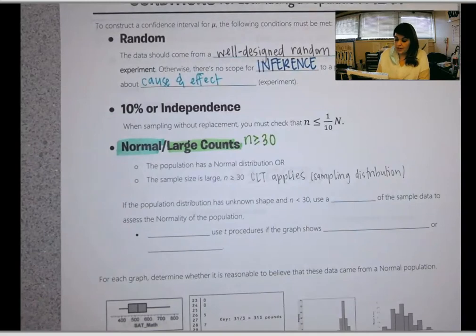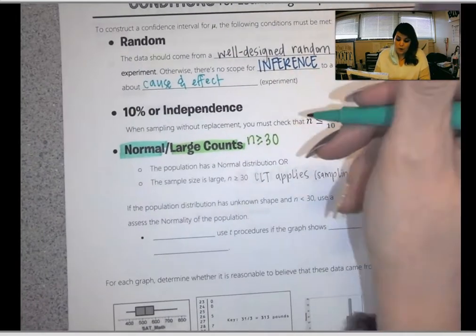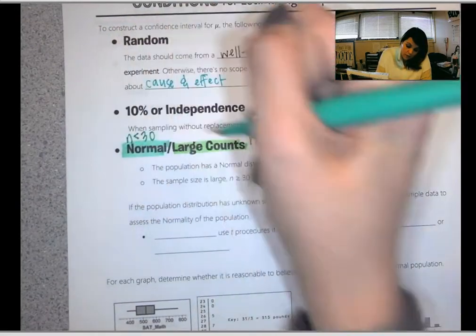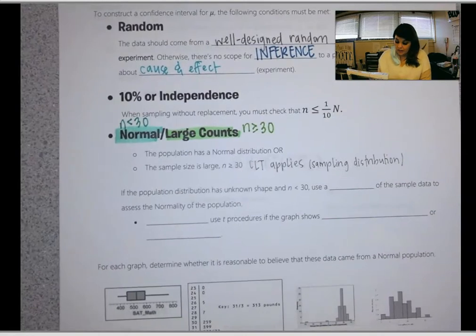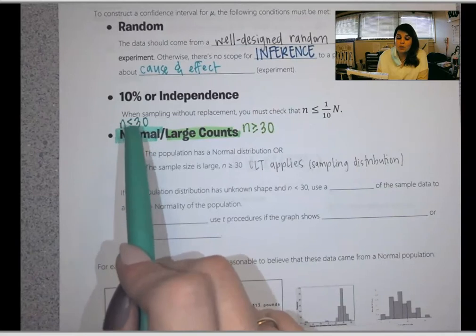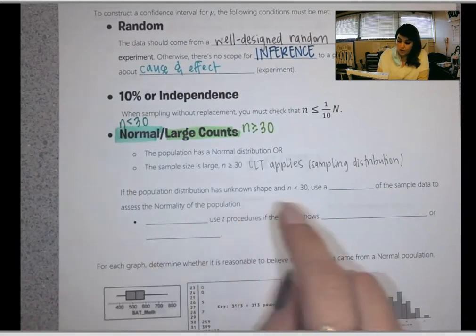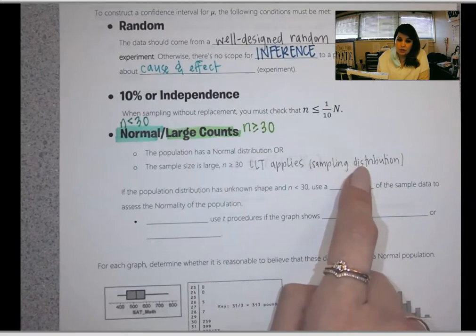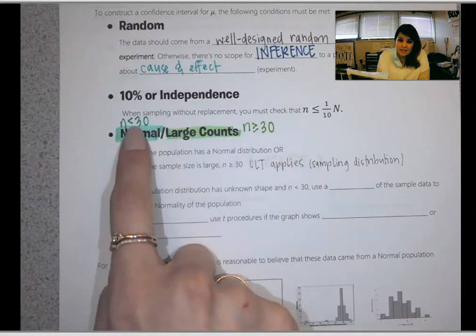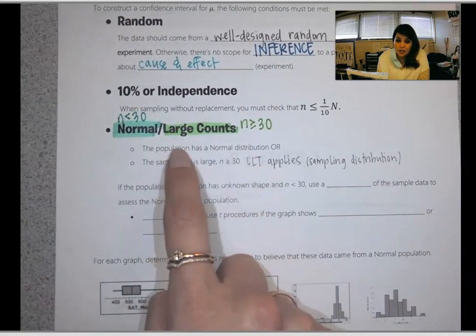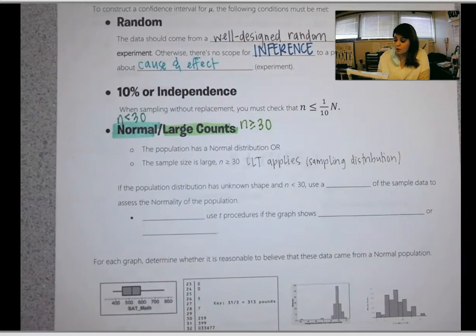If your sample size is less than 30, we have quite a bit of work to do, because we need to be able to verify that the population is normal. This one applies to a sampling distribution, but if your n is less than 30, we have to verify that the population has a normal distribution.